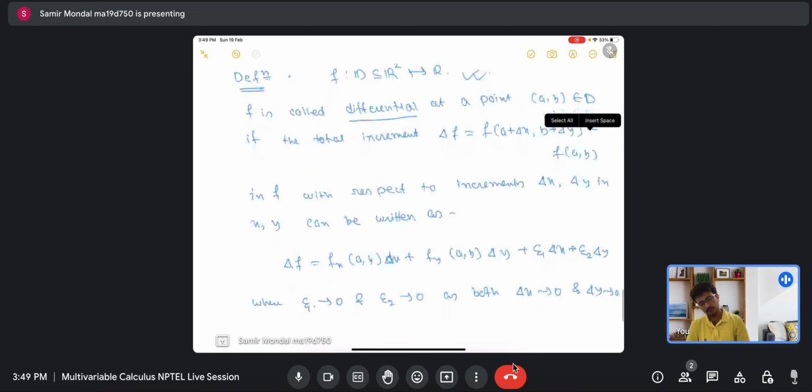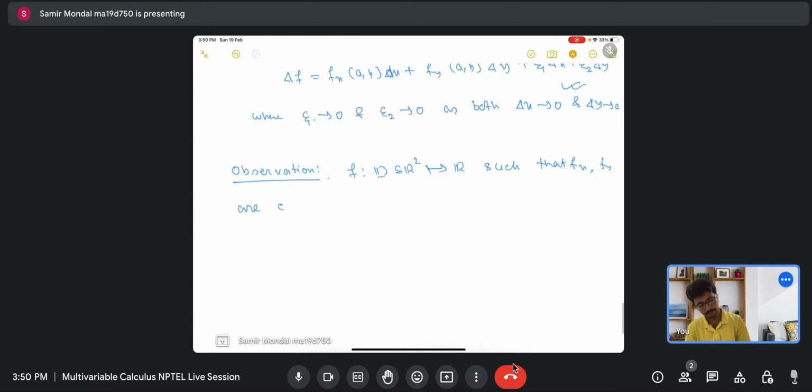If you observe from the increment theorem, suppose you have one function f from D, a subset of R2, to R, such that f_x, f_y are continuous.